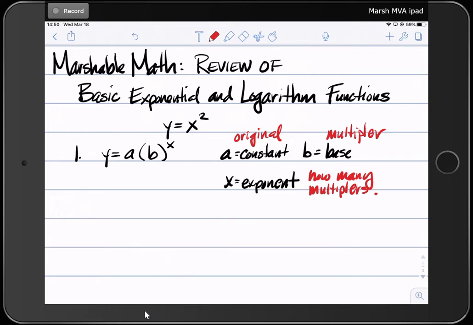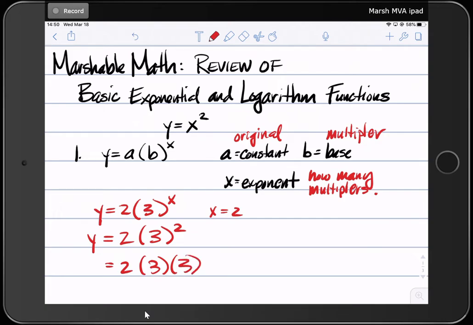So for example, if I had y is equal to 2 times 3 to the x, and I'm going to let x is equal to 2 now. This gives me y is equal to 2 times 3 squared. Or what that means is it's 2 times 3 times 3. I have two 3's, so whatever that is, and that's going to be equal to then 18.